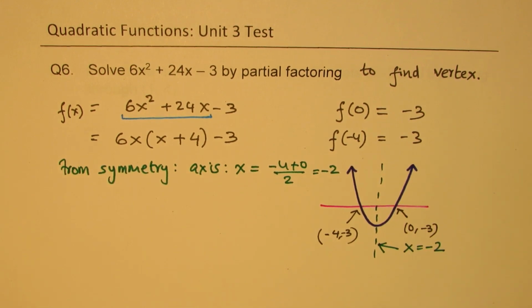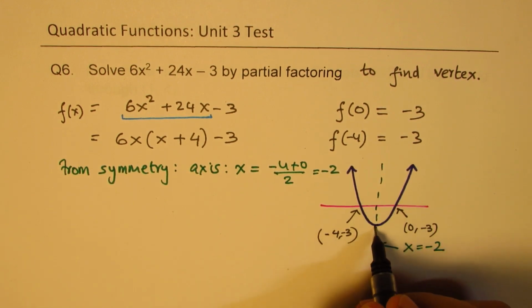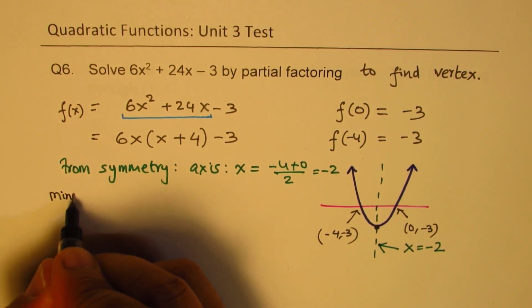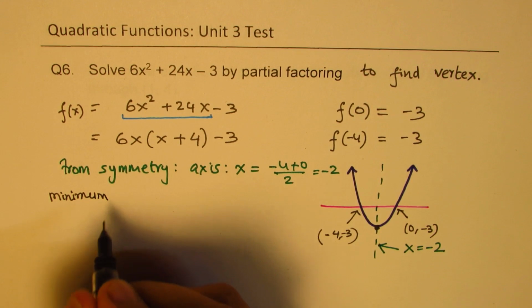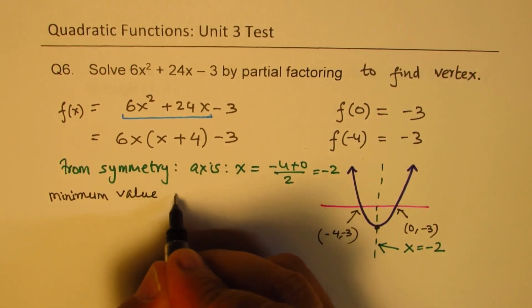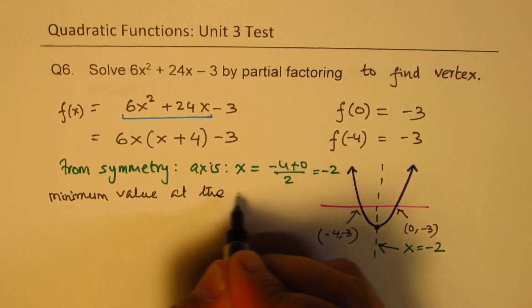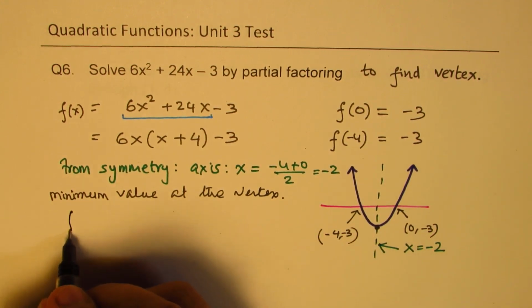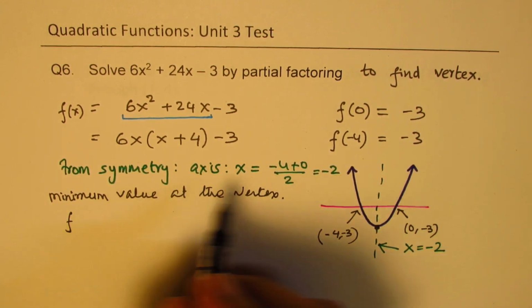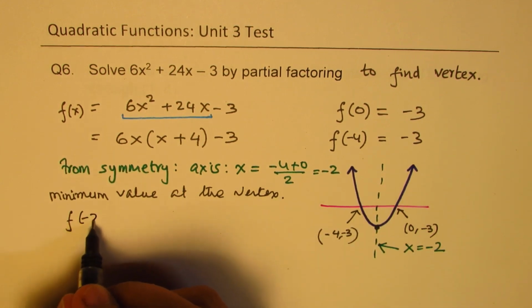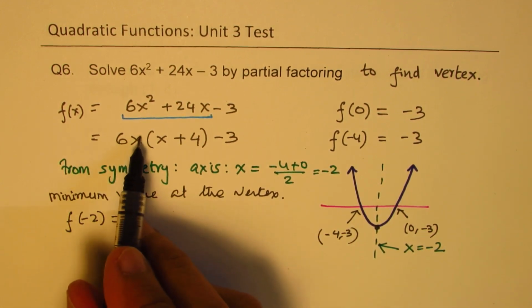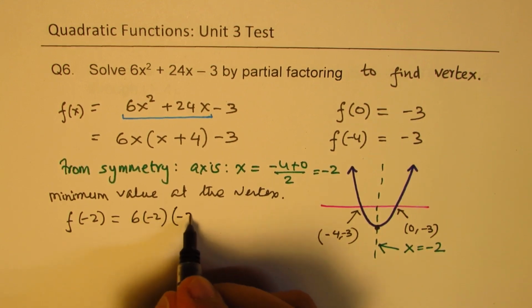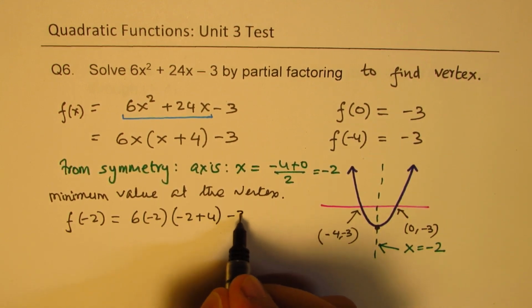Now the point which is the vertex lies on the axis of symmetry, right? So the minimum value at the vertex will be what? So we can now write the value at x equals minus 2. Substituting minus 2 here, I get 6 times minus 2, times minus 2 plus 4, minus 3, correct?